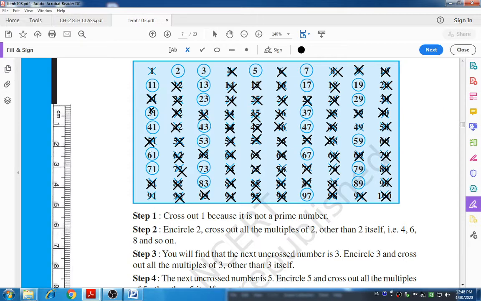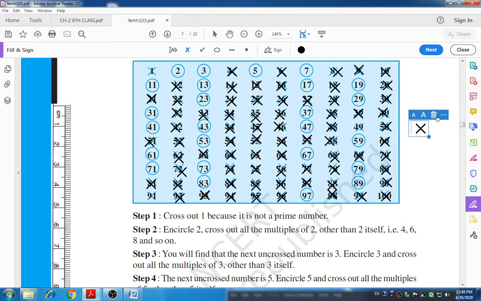That means the remaining numbers are all prime numbers because they have only two factors, that is 1 and the number itself. In that way you can draw this table in your rough notebook and try to solve it this way. You can easily find out the prime numbers and composite numbers.